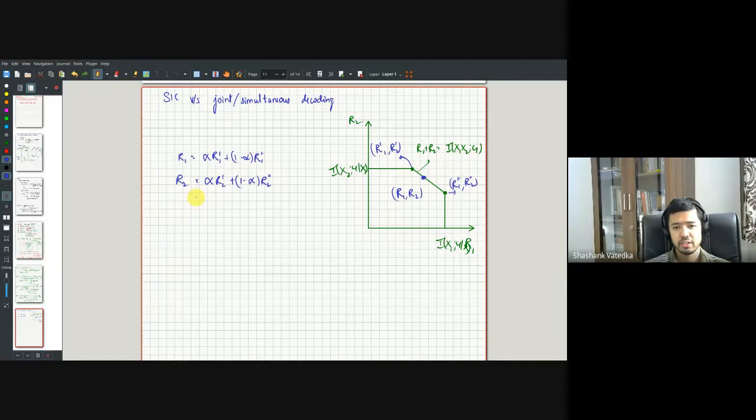Right? So if you want to show that this pair is achievable, if you want to design a code to achieve this particular rate pair, then what would you do? Anyone?